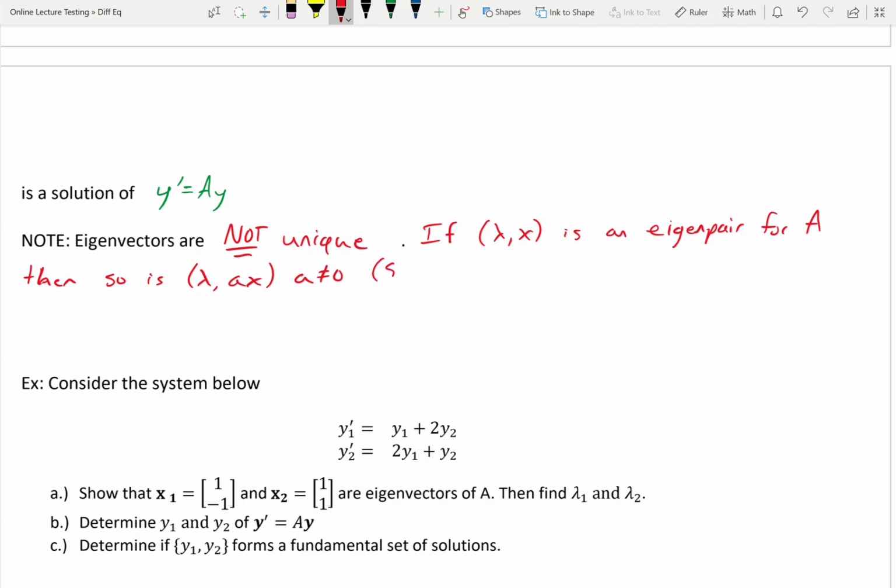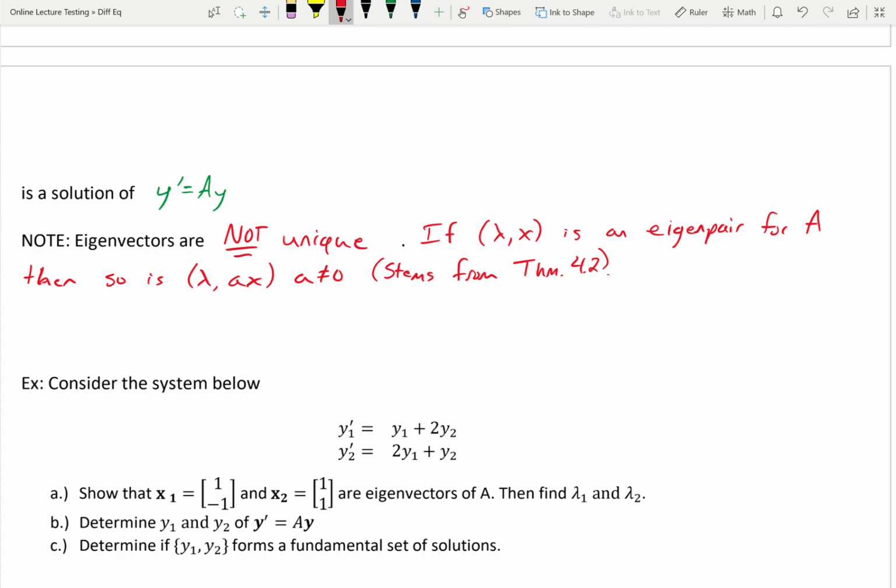This stems from theorem 4.2, which is the superposition principle. So if we multiply by some constant value, it's still going to be a solution. That means the eigenvectors don't necessarily have to be unique, which also helps us out because we can go for a very simple vector if we're looking for one, or some constant multiple of it as well. Those would be valid solutions.